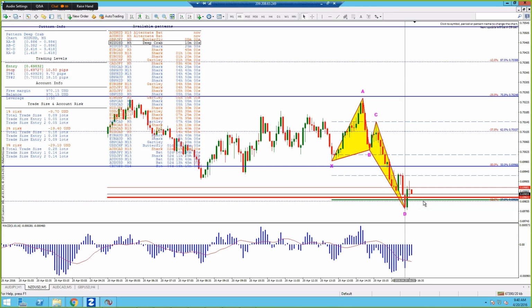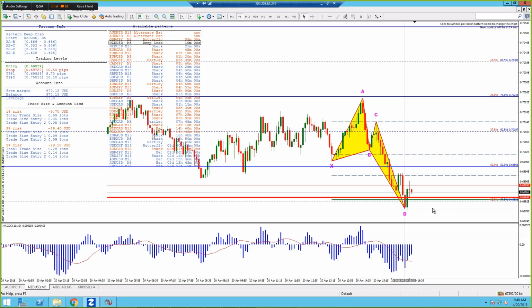Small, dinky little stop. I don't want to put too much risk on the table here. If it holds, great. We're just going to let it run. If not, take a small stop.